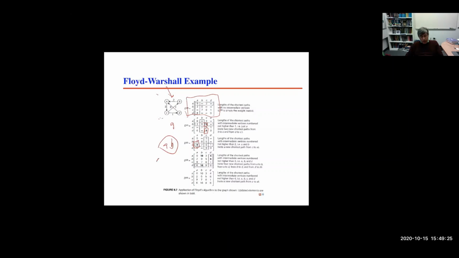Now, what if I'm allowed A, B, and C as intermediaries? When I'm allowing C as an intermediary, which pairs can have shorter paths? Anything that goes into C and then out of C. So AB can be updated, right?